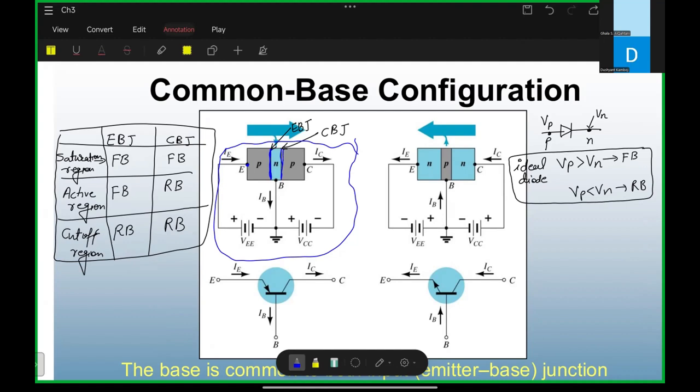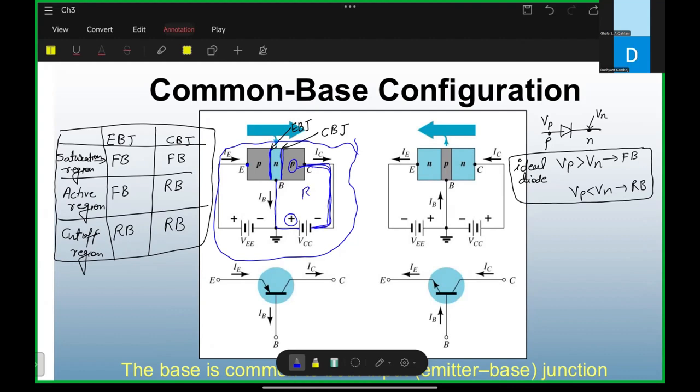Also forward bias. No. Can you see here? This n-type material is connected through this battery to the positive of the battery or not? Yes. And this p-type material is connected to the negative of the battery? Reverse bias.